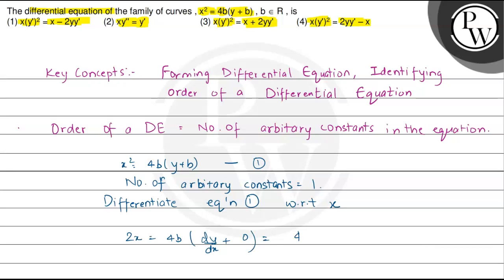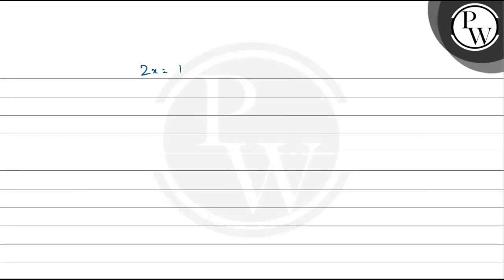So this is basically 4b times dy by dx. I write this as 4b times y dash because dy by dx is basically y dash. So we have that 2x is equal to 4b times y dash. This implies that b is equal to 2x upon 4y dash, or simply x upon 2y dash. So we have the value of our b, and we call this equation 2.